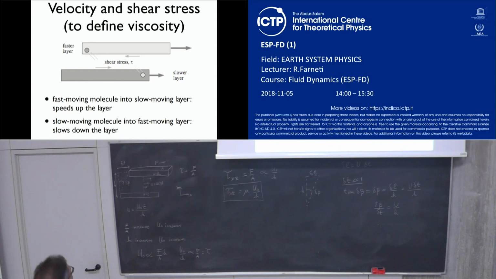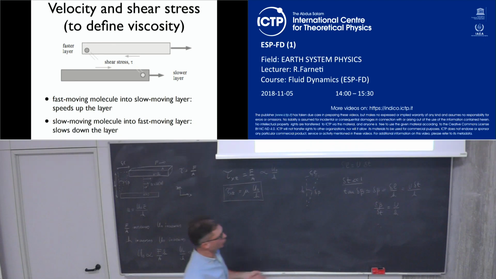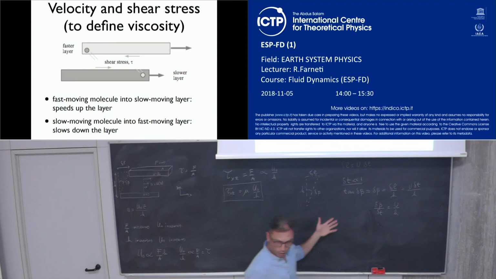So delta b, which is the deformation of the fluid, is a function of time, of course. Okay, that's because a fluid deforms continuously when there is a shear stress applied to the fluid. The shear stress is applied to the fluid, and delta b increases with time. So delta b is a function of time. And this is opposite to solids.